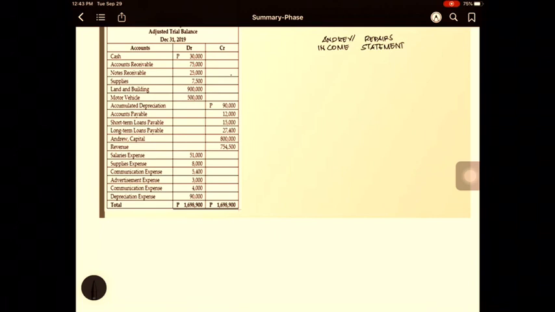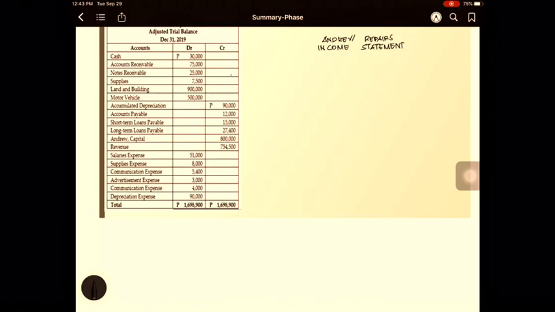When you say temporary or nominal accounts, at the end of the accounting period the amounts shall be brought down to zero balance, so that at the start of the next accounting period you will start anew in accumulating the amounts for your income statement accounts. Again, nominal or temporary accounts are always closed and brought down to zero balance at the end of the accounting period.